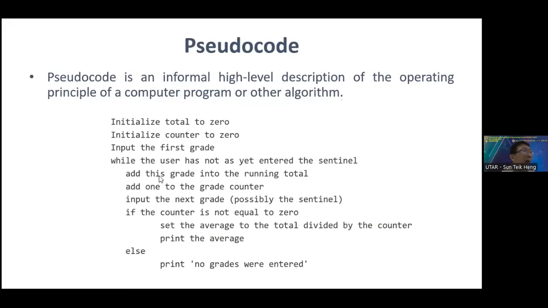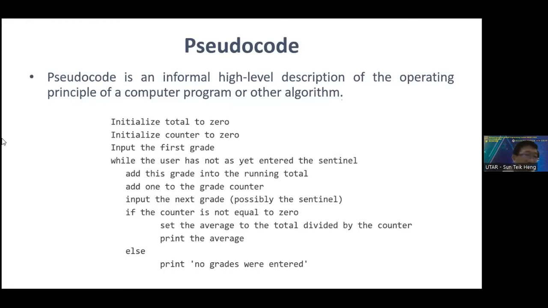You remember what we discussed just now regarding your algorithm? Your algorithm must terminate somehow, right? You cannot have an algorithm that will have your program run infinitely. Then you get an infinite loop.